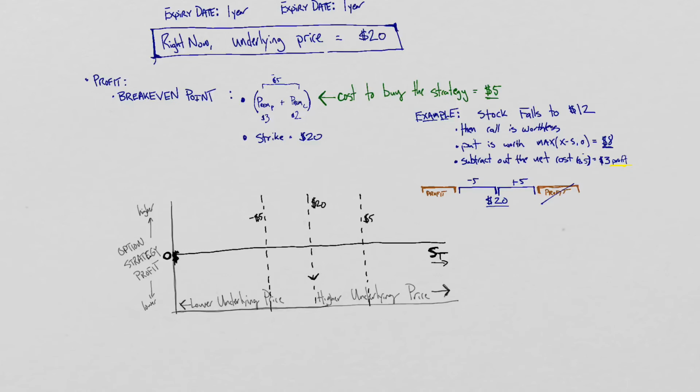So we start out here at the strike. But when the spot moves away from the strike, if it moves above $25, then anything beyond that is going to be profitable for this strategy. And if the underlying falls by more than $5, that too is profitable.